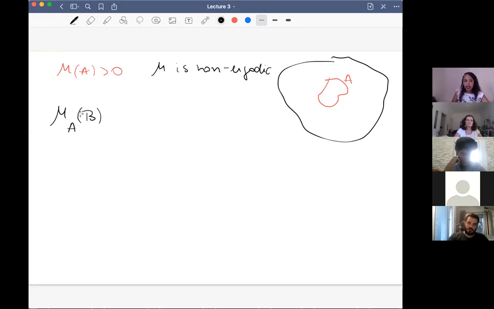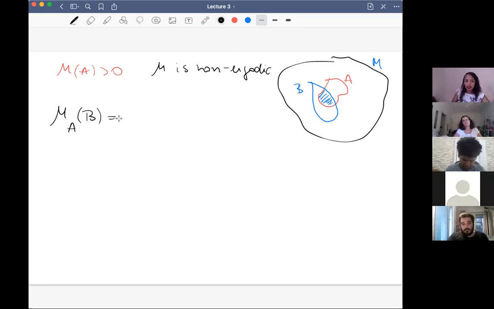For each B that's measurable, let's take a B inside of M that is measurable. This is M and this is B. You could measure only the piece that intersects A. So B is this whole set, but I just want what is seen by A, what's inside of A.